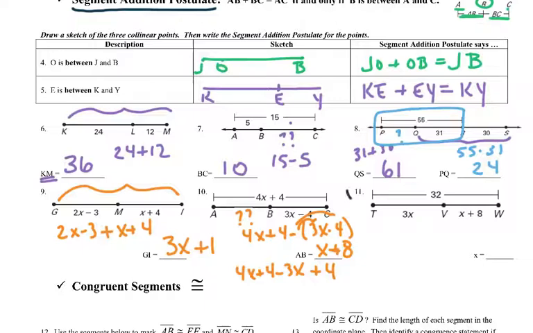So it's using some of our algebra skills from last year. Finally, in number 11, now we have an equation, because now we're given all pieces of the puzzle. We're given the two little segments, and we're given the big segment. So now we're going to add up the two little segments, 3x plus x plus 8, and it's going to equal 32.